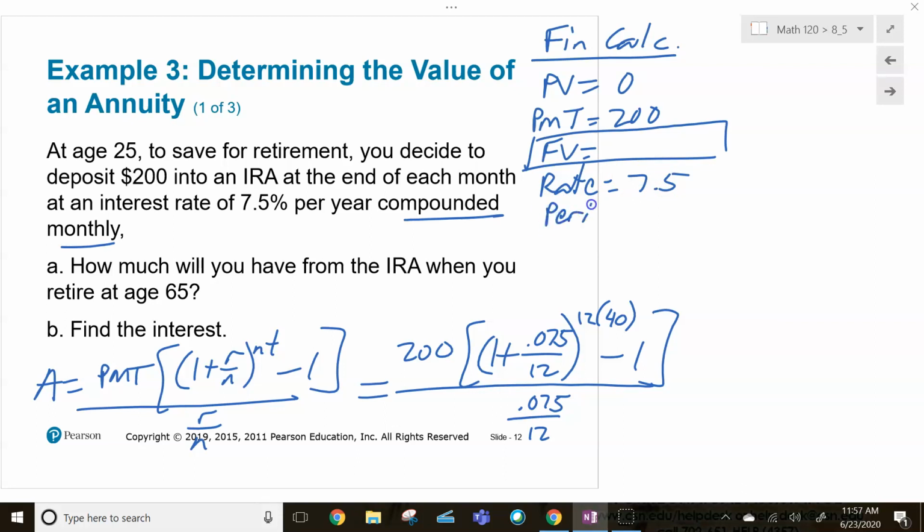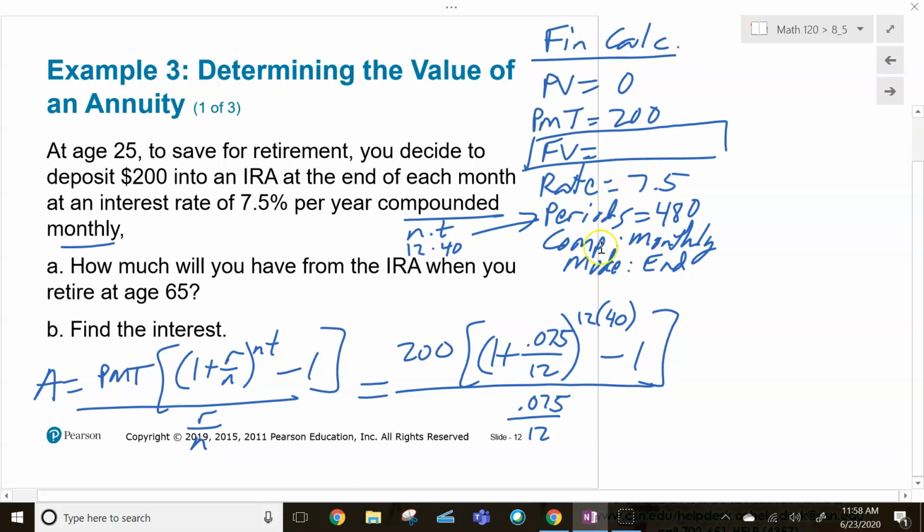The periods, again, remember this is N times T, monthly compound times 40 years. 12 times 40, 480. I'm making 480 payments because I'm doing it for 40 years, 12 times a year. Okay, so 480 is my periods on this. My compound is monthly compound. Keep it mode end. And this is the end of the month. And I'm going to click on future value there.